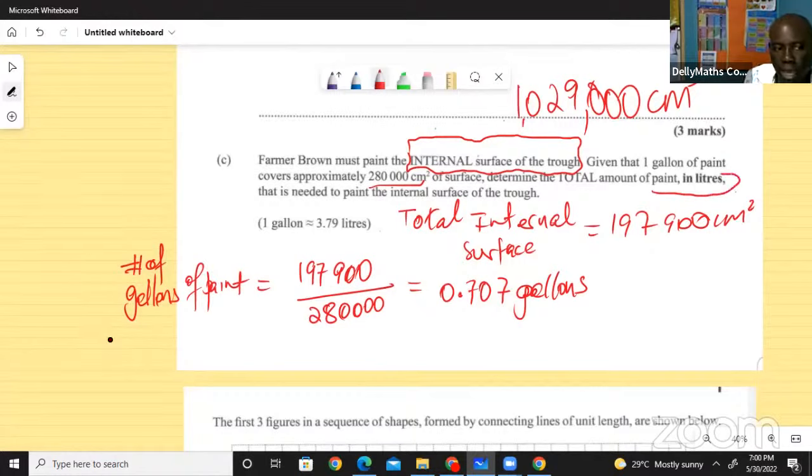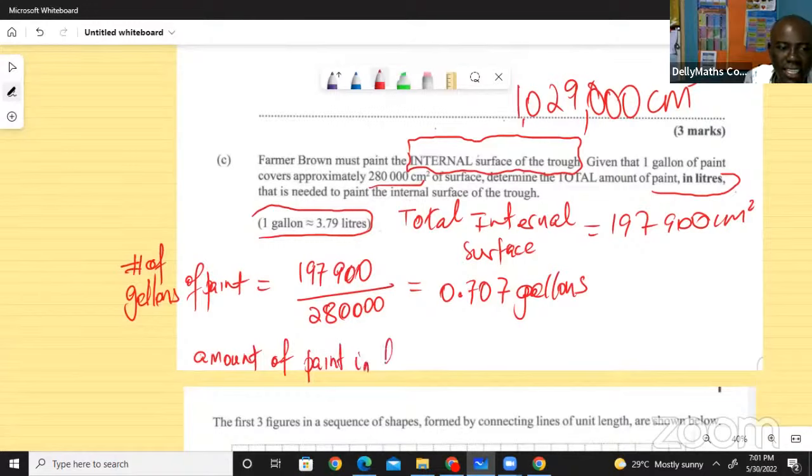They told us that 1 gallon is 3.79 liters. So I know that is less than 3.79. I'll say to you that the amount of paint in liters is simply equal to 0.707 times 3.79.